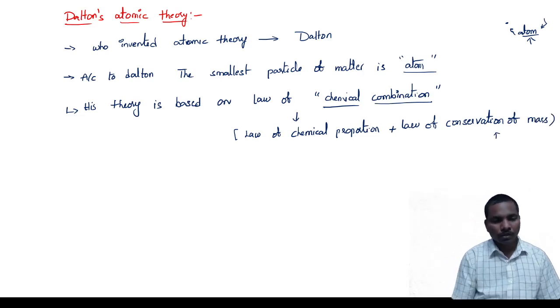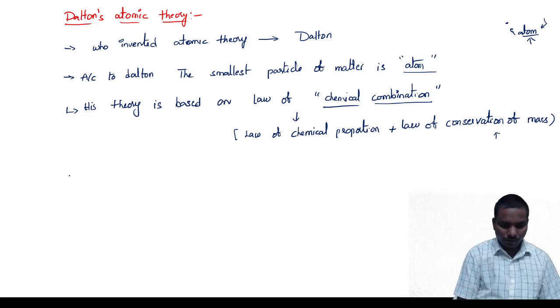So his theory is based on the law of chemical combination, and he said two important points. The first point is that the smallest particle of matter is the atom.